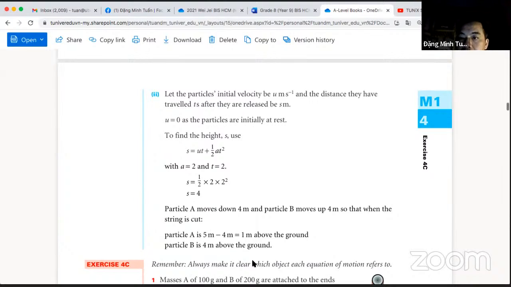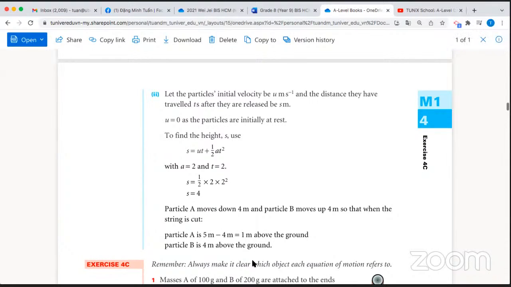F equals ma. And after that, you solve the system of equations to find out the acceleration and the forces. And after that, by using the Suvat formula, you can find out the related quantities like speed, distance, time, and so on. Yeah, that's all. So you got it?